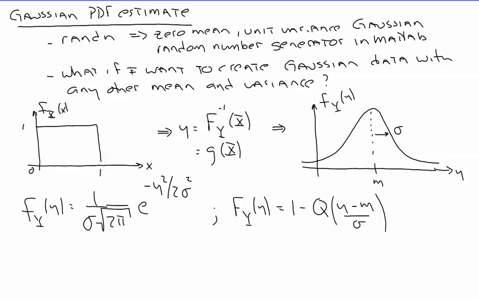I'm going to invert it by setting this equal to x, and I come up with the following. This is my transformation function. Y equals sigma Q inverse of 1 minus x plus m.